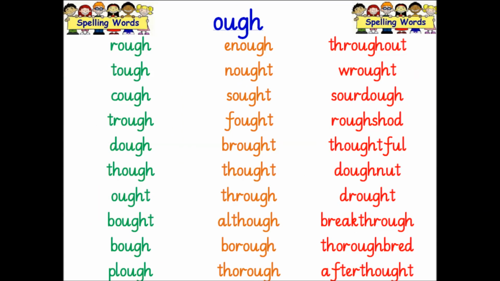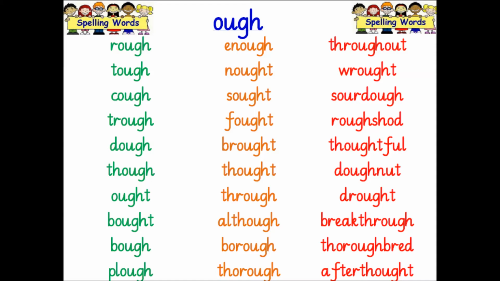Okay, so here are the words, and I'll run through them as quickly as I can. So we've got rough, tough, cough, trough. I don't know if you know trough, but what trough means is it's a place that animals eat from. In fact, I think it's pronounced trough.